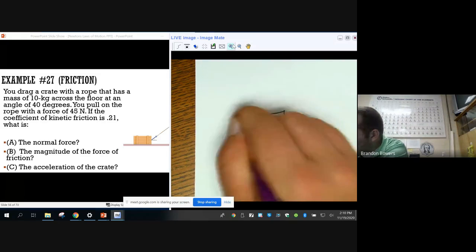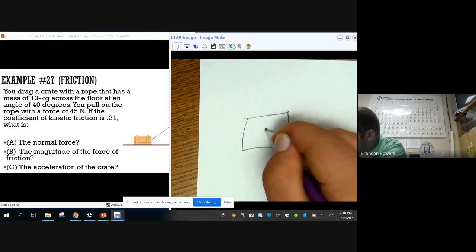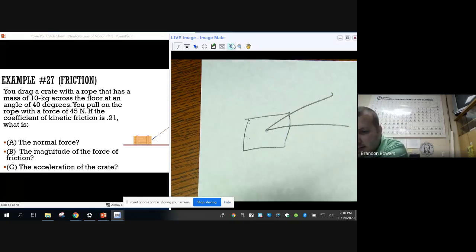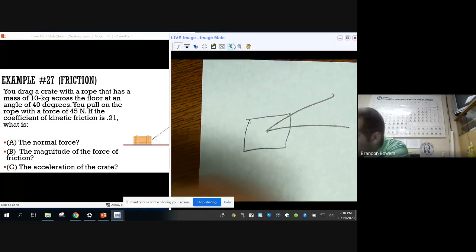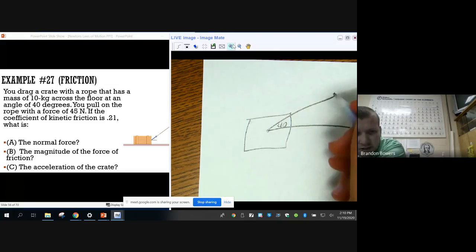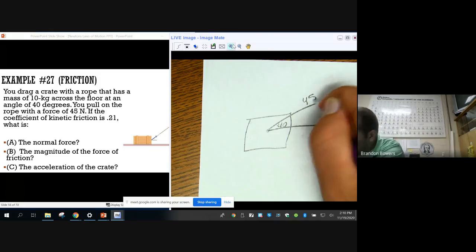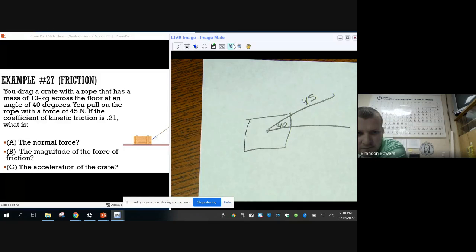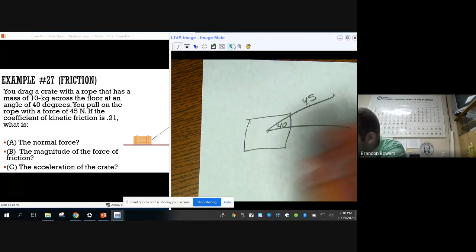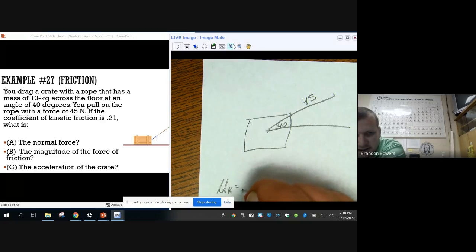Okay, so here's this. Okay, I pull it at an angle, okay, a 40-degree angle with 45 newtons. Okay, if the coefficient of kinetic friction, okay, so kinetic is 0.21. What is the normal force?